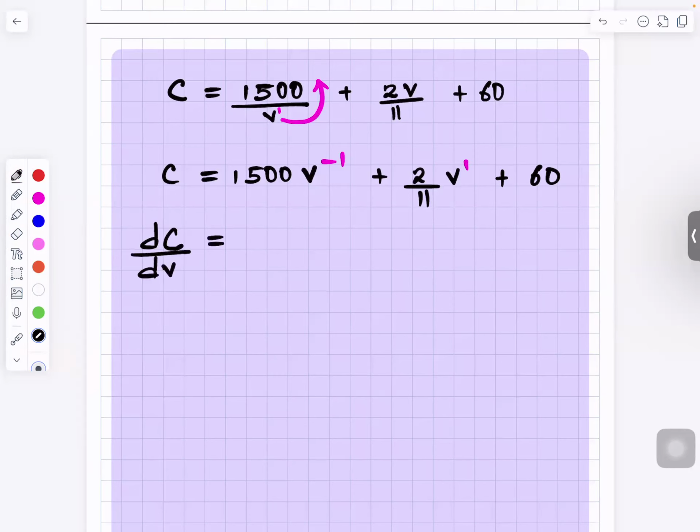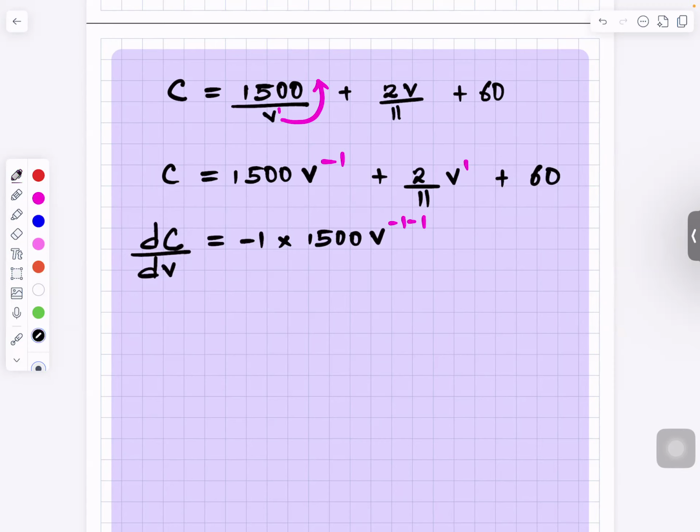Now, the differential of the cost over V. When you differentiate, you subtract 1 from the power, and then you multiply by the power. So that would be minus 1 multiplied by the power, times 1,500 V to the power minus 1 minus 1.